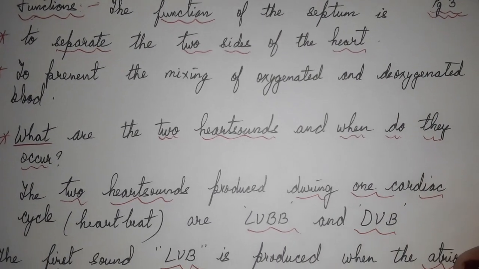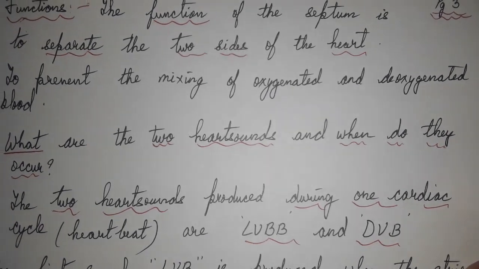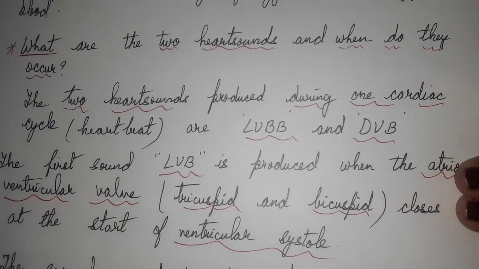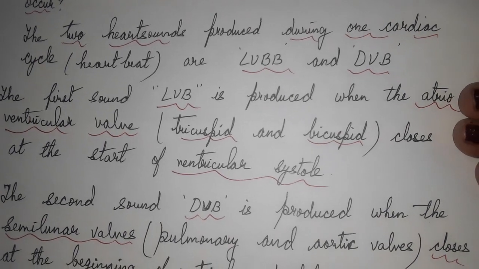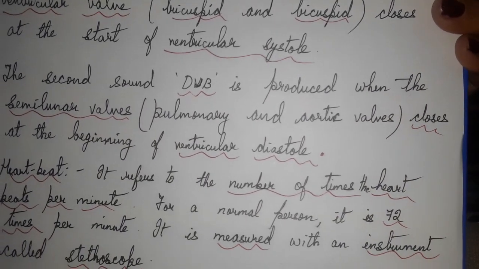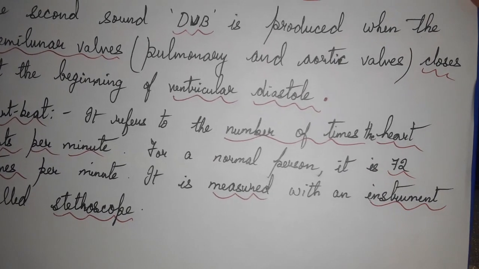Functions of the septum. What do you mean by heartbeat? And the instrument, a 1 mark question, which measures heartbeat, that is stethoscope. And the normal heartbeat of a person is 72 beats per minute, which may increase during exercise or strenuous physical work.